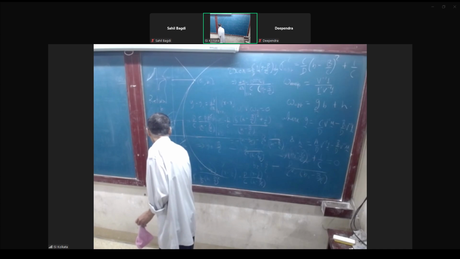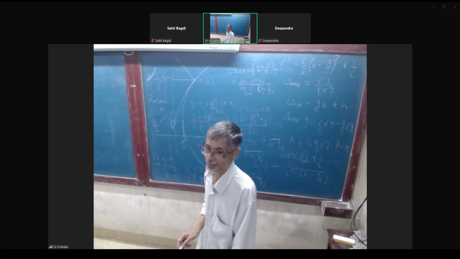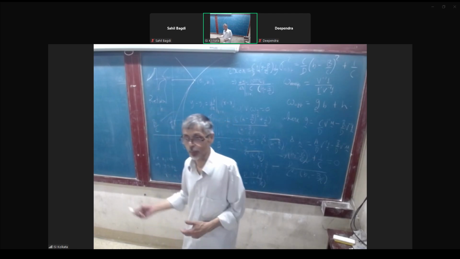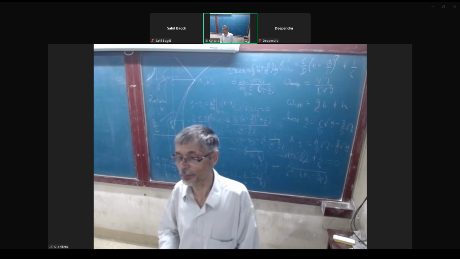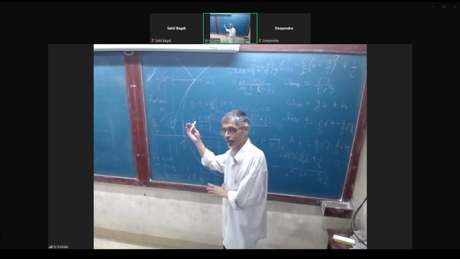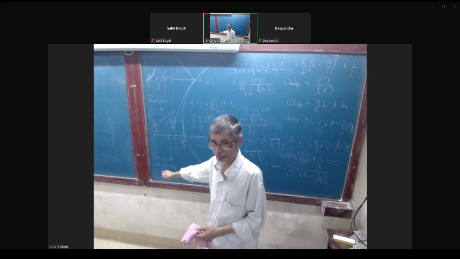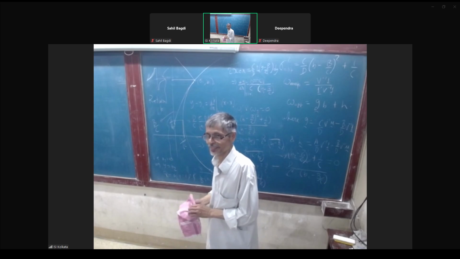Then if you change the graph to root x, then this is x versus y. If you change the versus root x times root x versus y, that graph will have this kind of property. So it is not about the mean variance formula, it is about the hyperbola parabola idea.